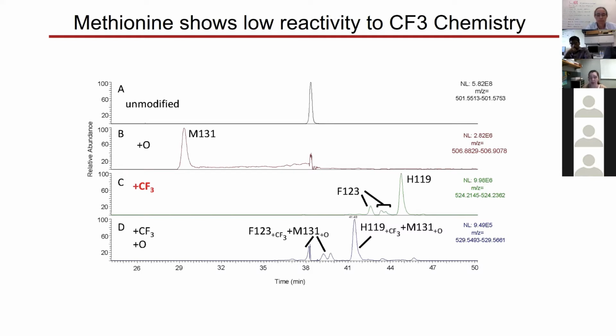So it means that you're going to lose tremendous resolution in this protein. So CF3 chemistry helps to increase this resolution, because you're labeling completely different residues in these peptides, and you mute methionine, because you can see methionine is not really labeled here. So this is the beauty of this additional chemistry, and it all comes basically in the same vial you exposed.